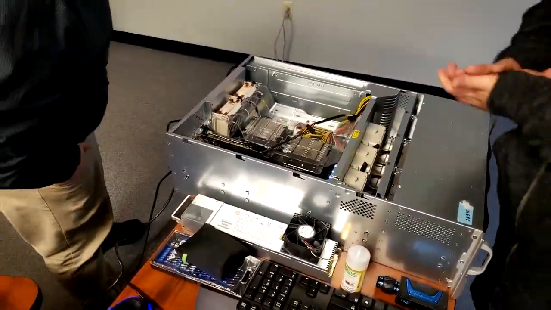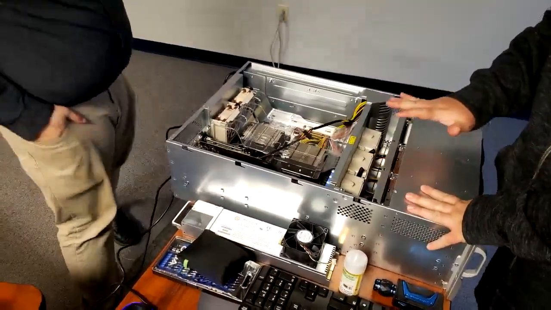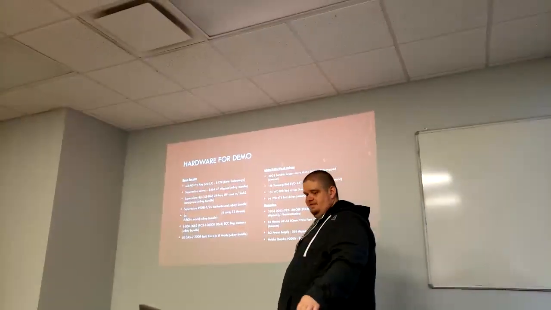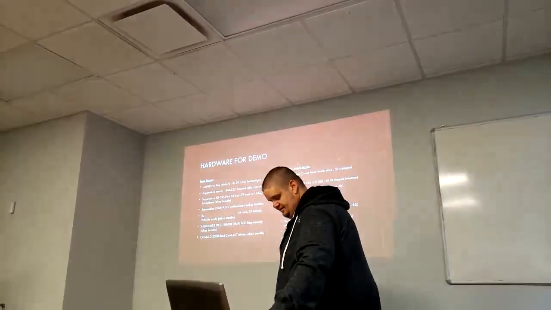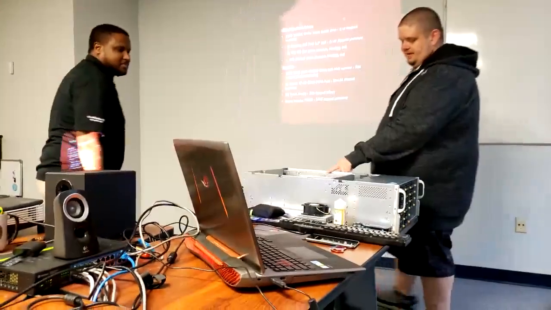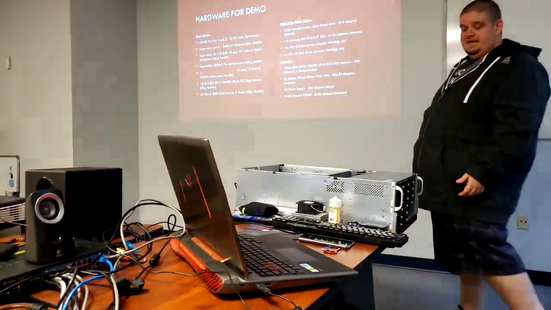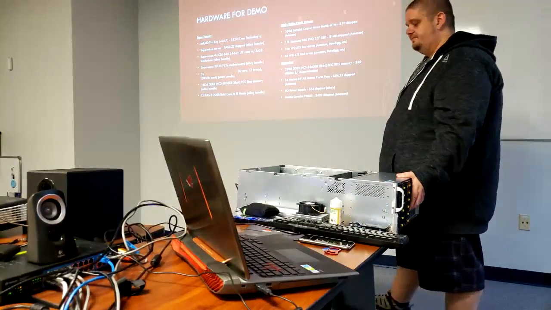But with this server, it was the case, all the original fans, the SAS card, dual power supplies, and a rack mount kit, 465 shipped. And it came with all the hard disk trays.